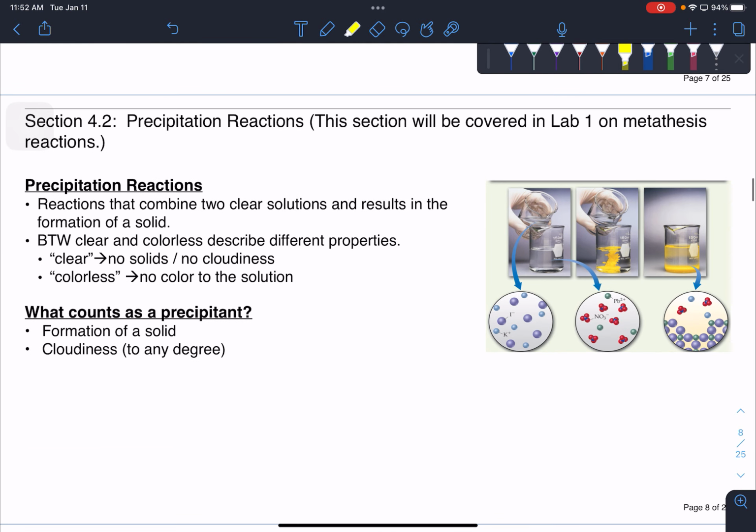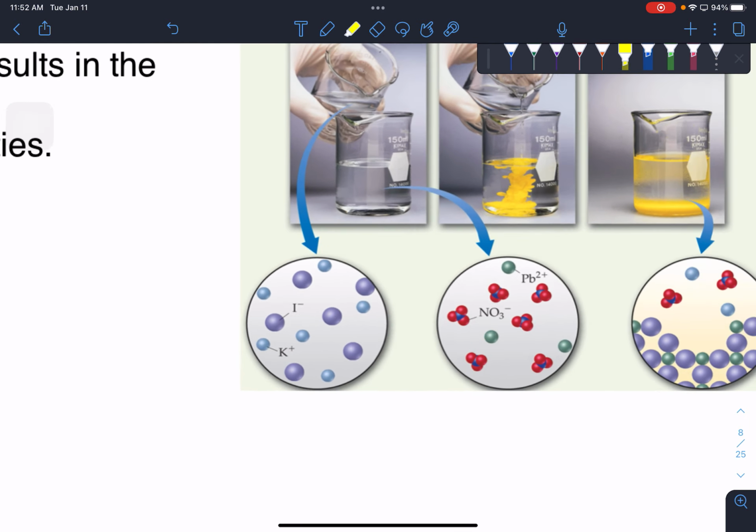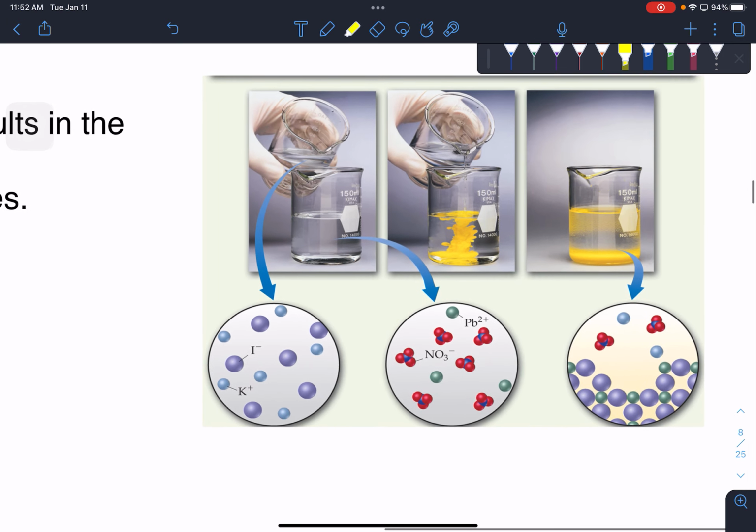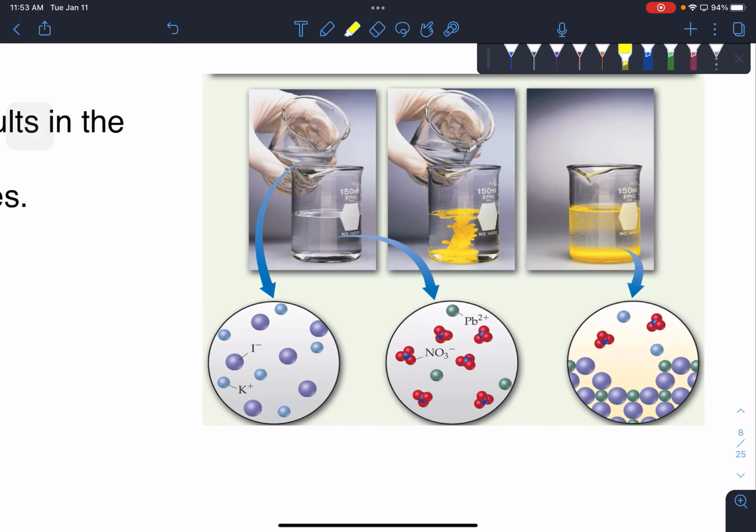Okay. So first off, let's just look at the diagram here. These reactions are real simple, so I'm not going to demo it or anything. Basically, what you're doing is taking two mixtures together, and they look like water. They're actually aqueous solutions, so you'd say these are clear and colorless solutions.